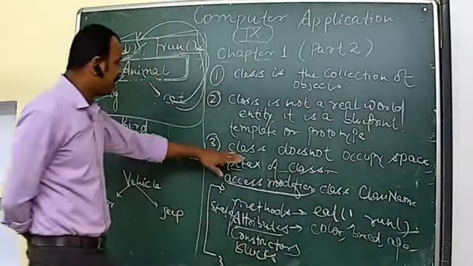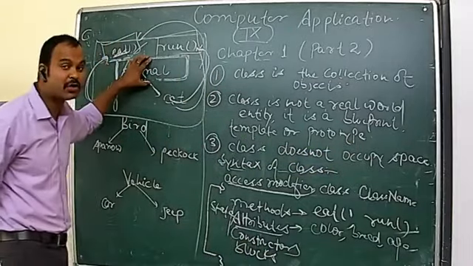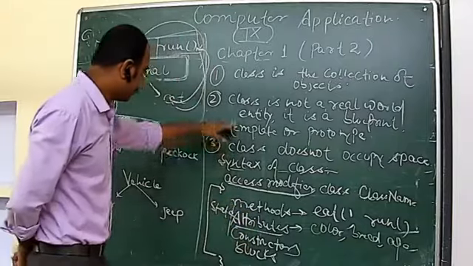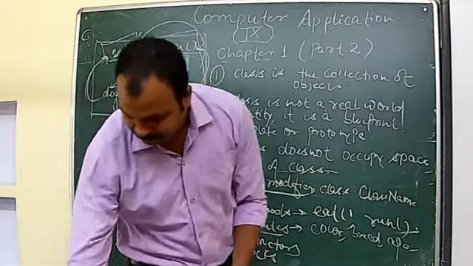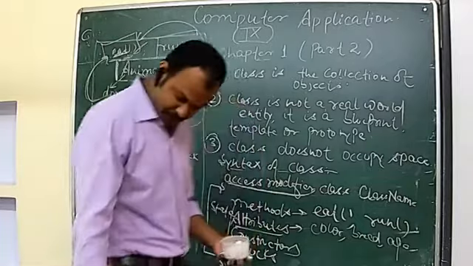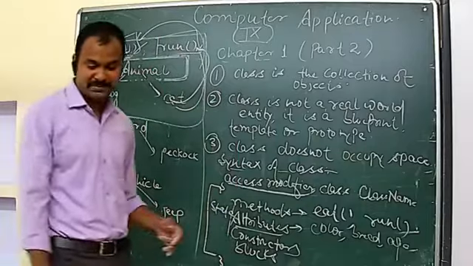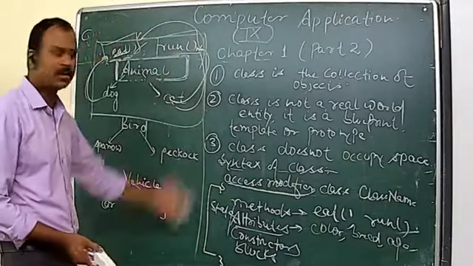Class does not occupy space because it is conceptual, but objects will. And this is the syntax of class. Clear? Let's go for the next one, objects. Hope you got this class clearly. You can note down.